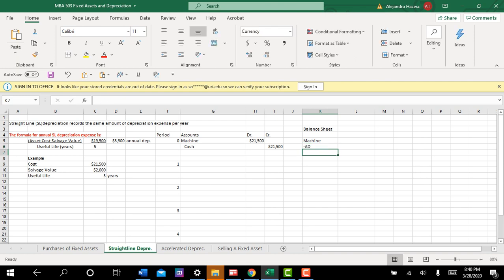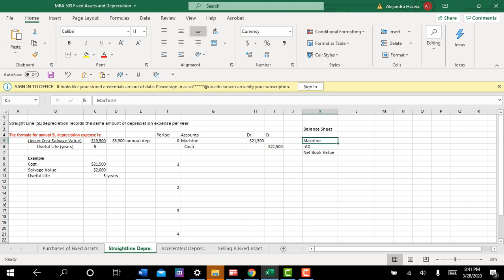Now, if you take the machine less the accumulated depreciation, we call that net book value. That's a term we use, and sometimes we use the acronym NBV. That stands for net book value, which is your book value less the accumulated depreciation.